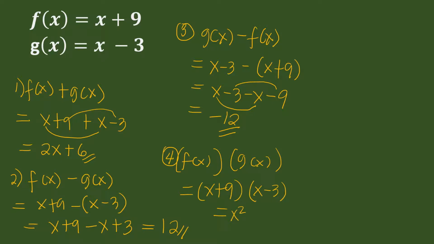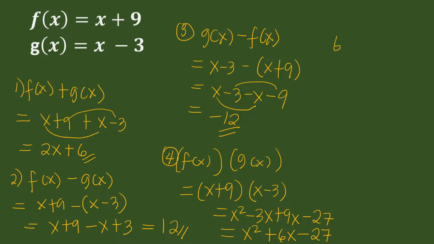Next, x times minus 3, that is negative 3x. Next, 9 times x, that is positive 9x. And the last, 9 times negative 3, negative 27. So the final answer will be x squared, negative 3x plus 9x, so that is positive 6x, and we will have minus 27. That's the product of f of x and g of x.